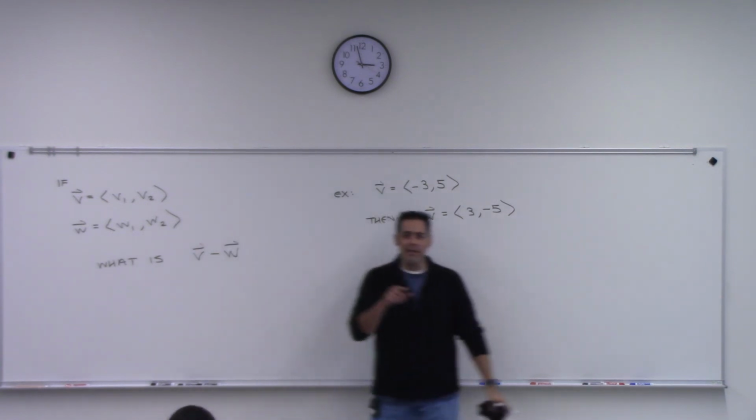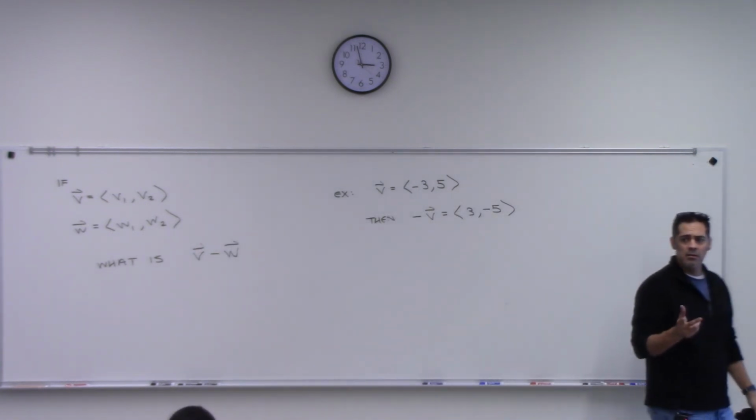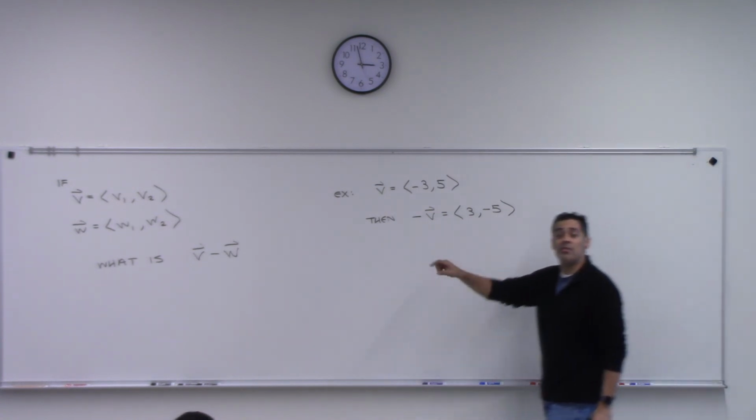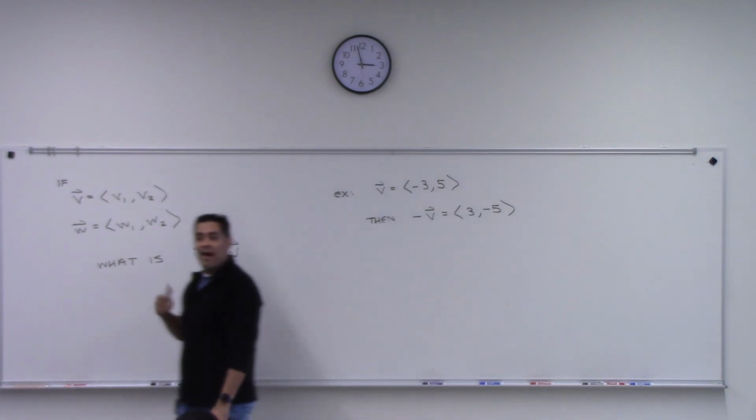You know when we were adding vectors, it was tail to tip, tip to tail, right? That's the way we added vectors. Here, I'm asking you to subtract vectors.